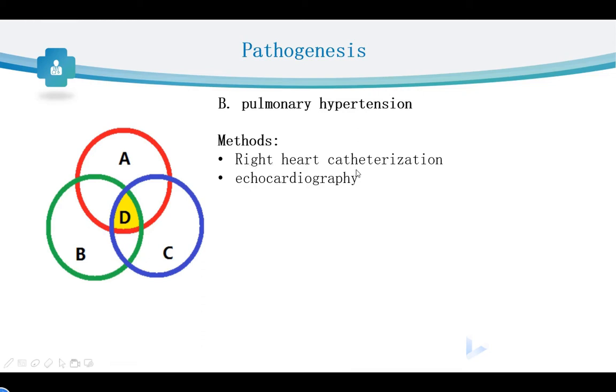The right heart catheterization is the golden criteria for the pulmonary hypertension, but is an invasive examination, so most patients will not receive this invasive examination. And the echocardiography is a non-invasive examination.